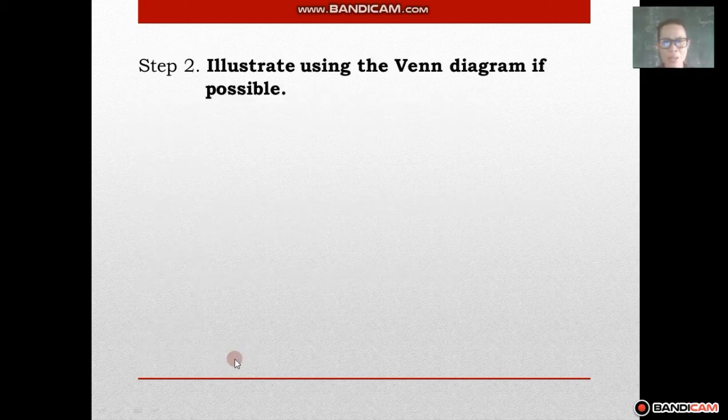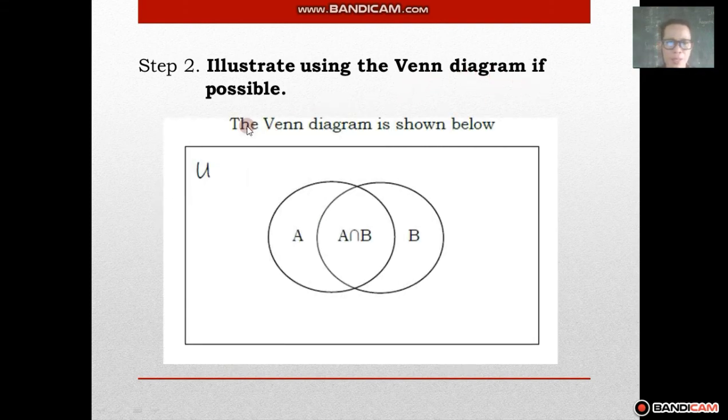Okay, step 2. Illustrate using Venn diagram if possible. Alright, so this is the Venn diagram. In our given, we are asked to find the cardinal number of the intersection of A and B. So therefore, the two sets here are joint, meaning there are common elements in both sets.